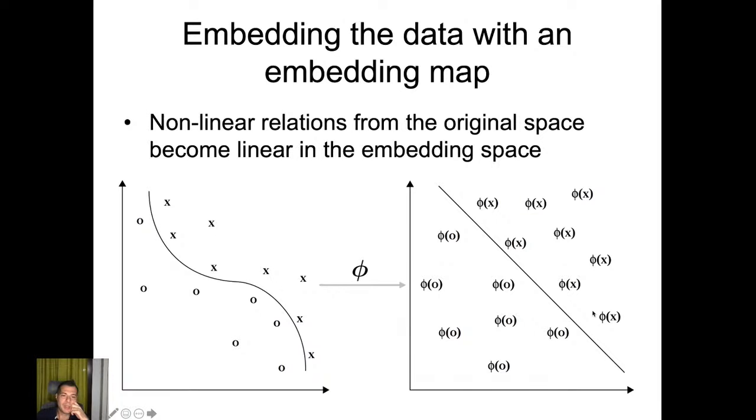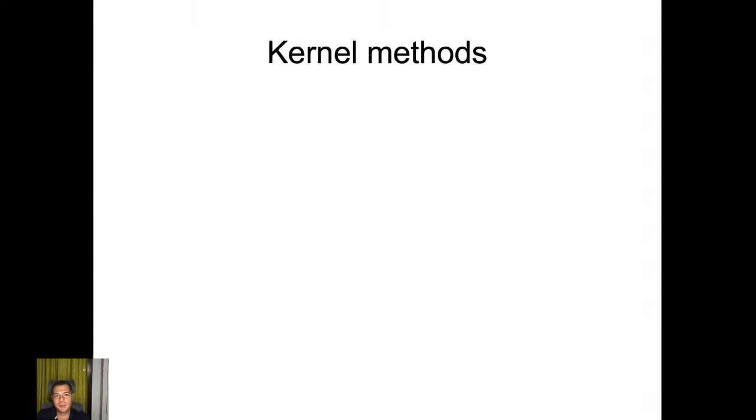Usually this is achieved by increasing the number of components from the original space to the embedding space, but this is not the only way to do it. The embedding can also be, for example, the identity function, and kernel methods can also work in this direction.